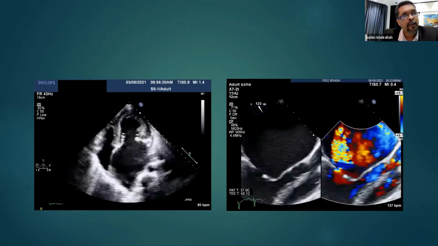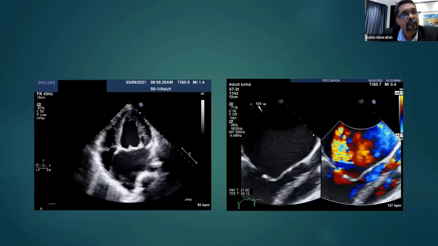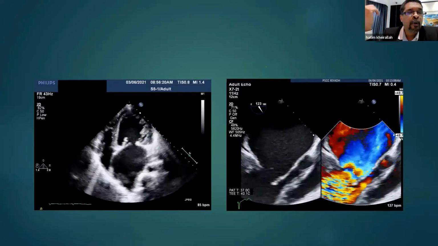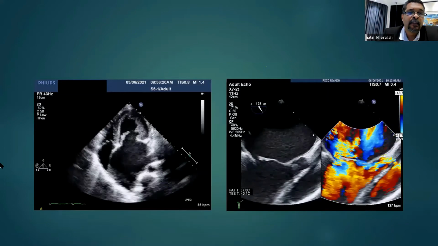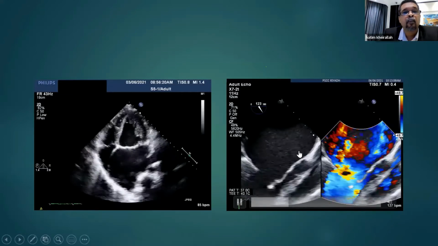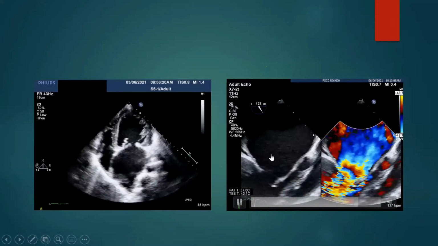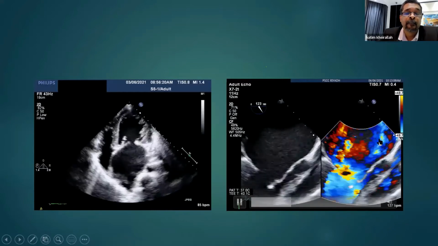He came with fever and intracranial bleeding due to mycotic aneurysm. We didn't know about a history of rheumatic disease in this patient, but his echo showed this, and we did TEE. We didn't find vegetation, but we found a flail anterior leaflet and severe mitral regurgitation.